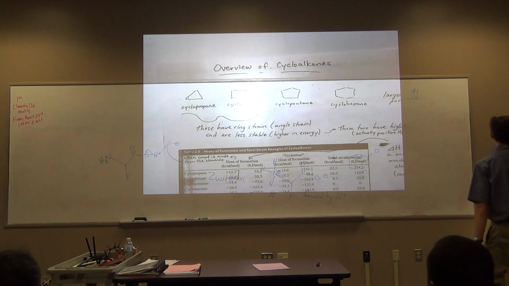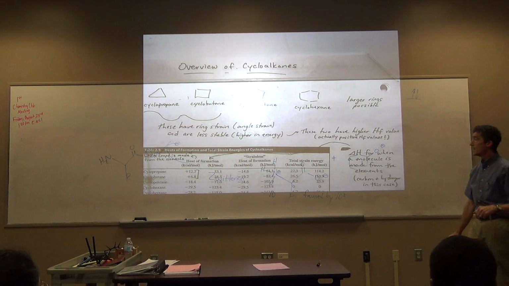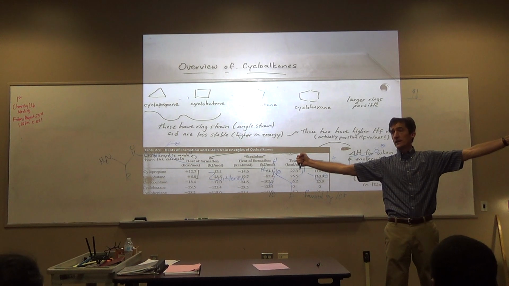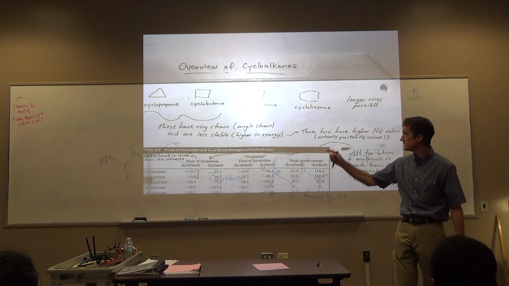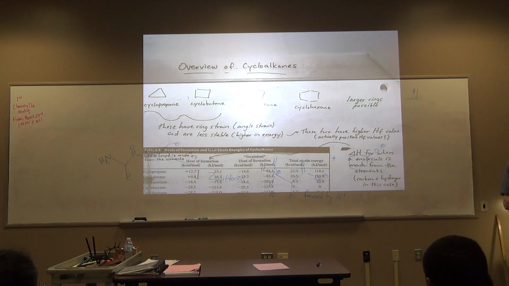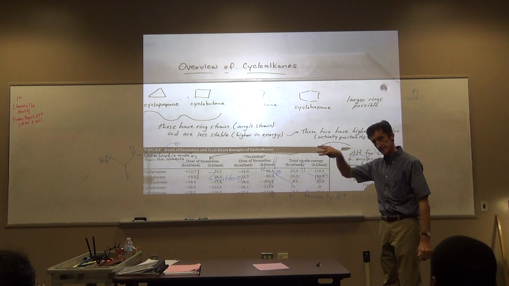Larger ones are possible. When you get larger, you actually open up too much and you go the other way, but it's not as bad as some of the smaller ones. In the end, 5 and 6 are your best size rings because they have the most appropriate bond angles around the C-C-C.